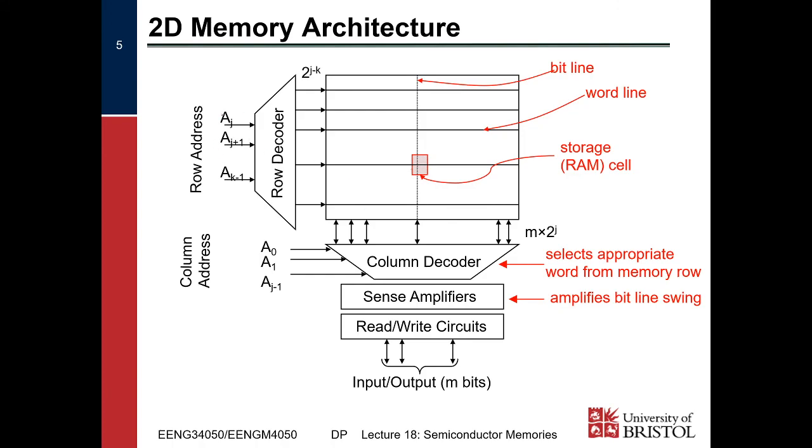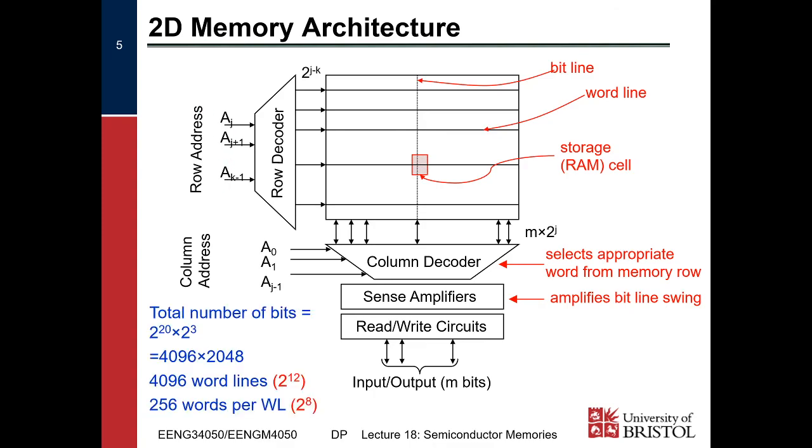So if we've got a 20-bit address, for example, we might have 4096 word lines, so 12 bits here. We might have 256 words per word line, so an 8-bit address.